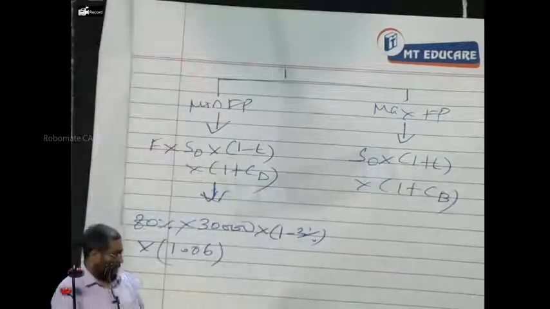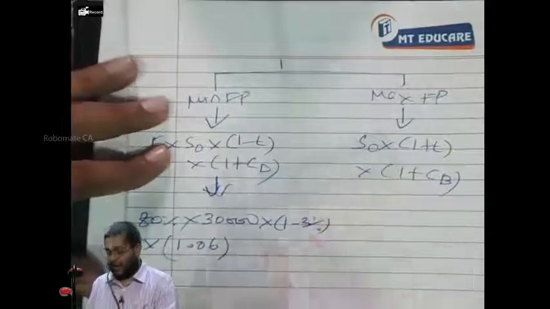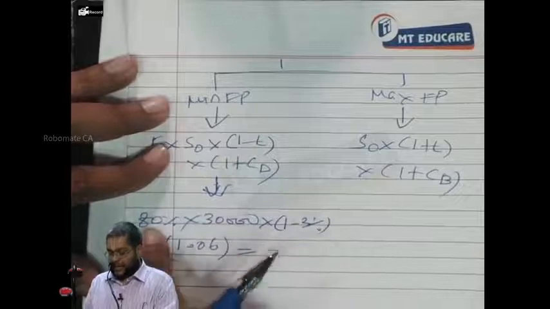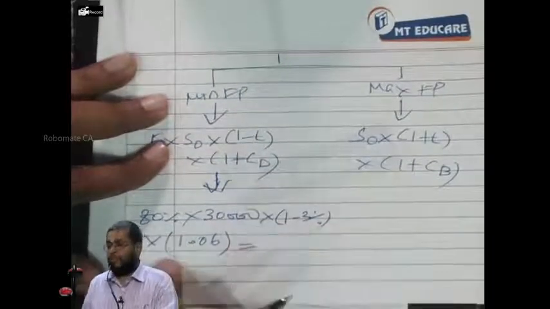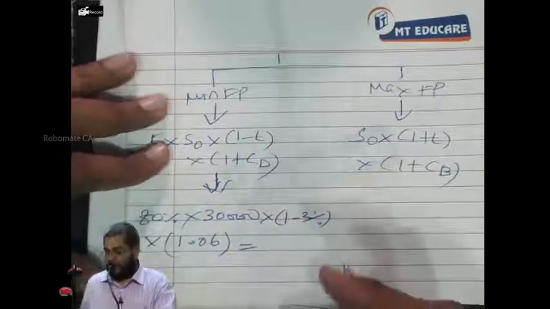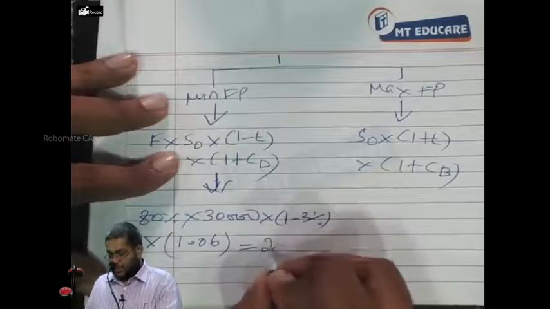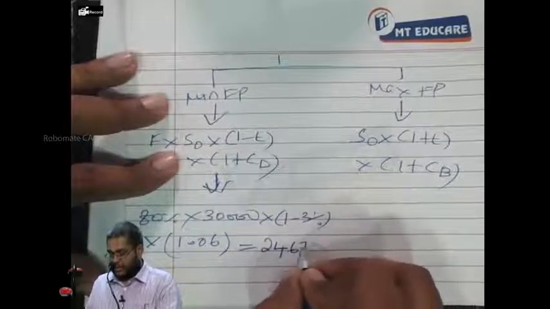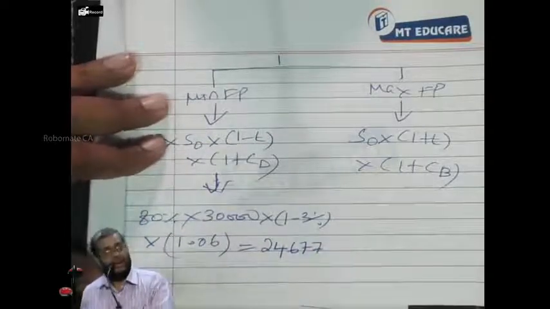So it is 1.06. I want an answer. The answer is 80% into 30,000 into 97% into 1.06. What is the number? 24,677. Correct number? No.